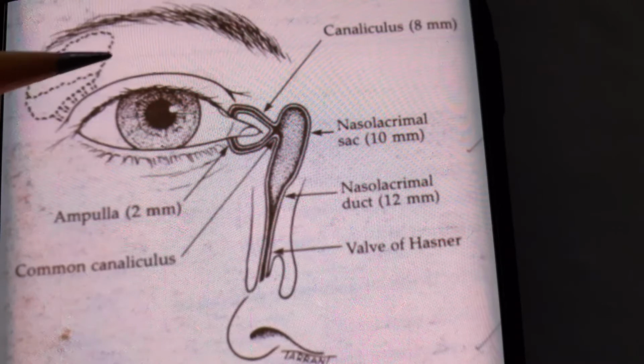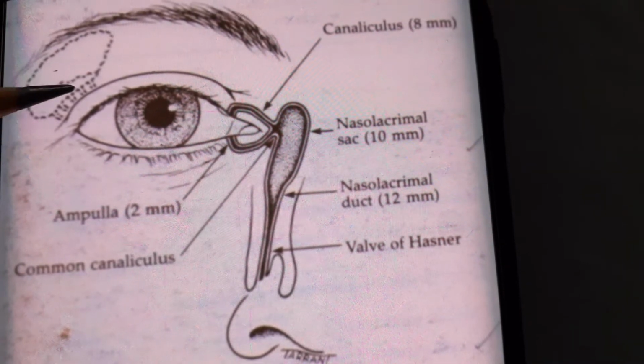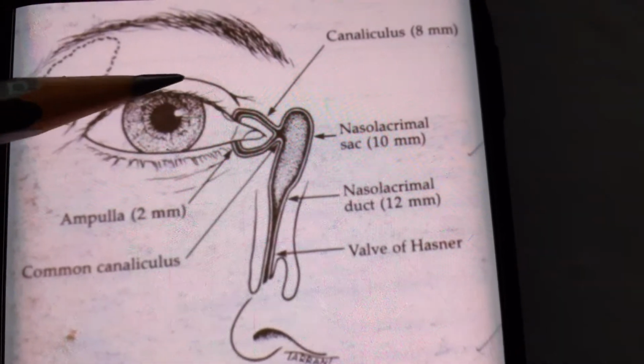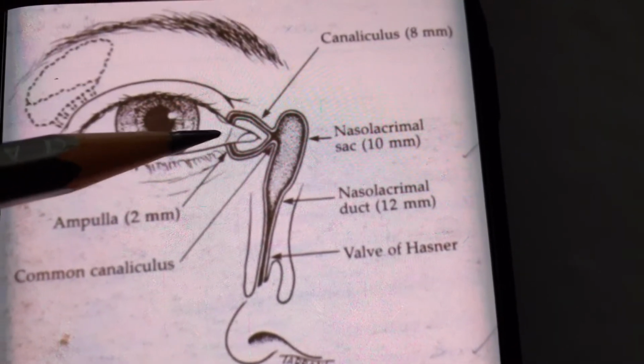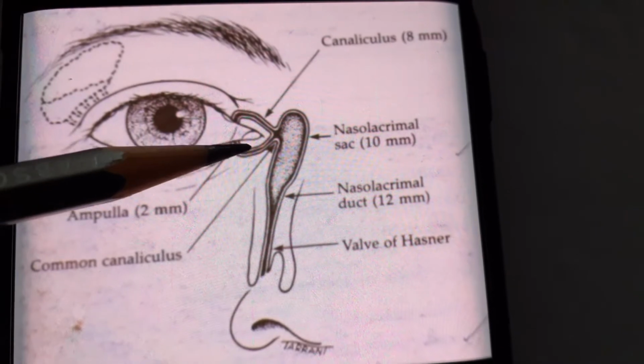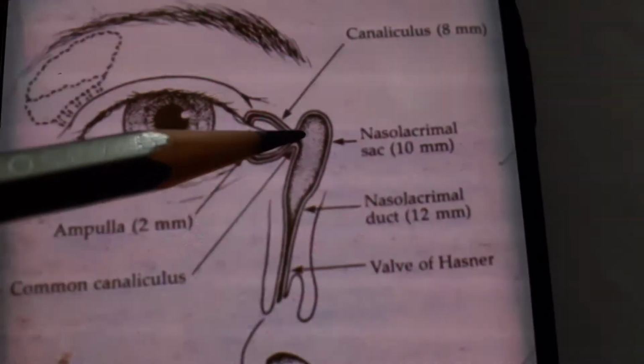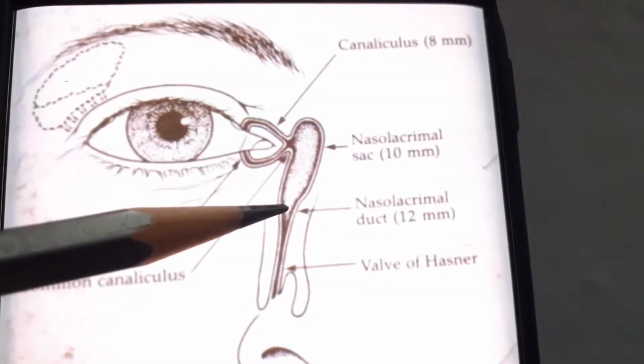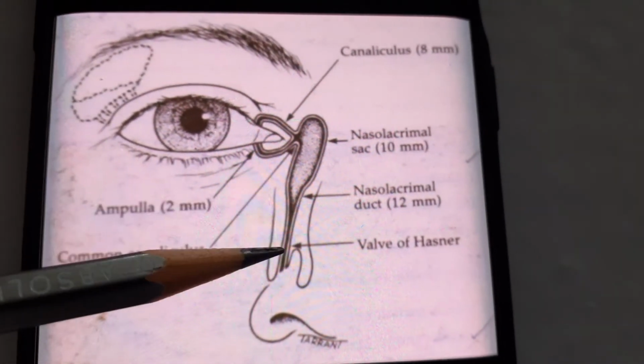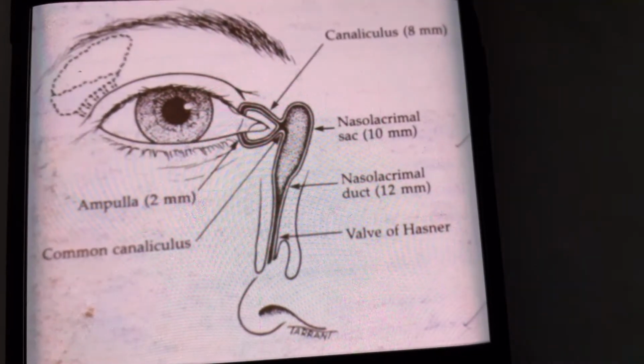So from the lacrimal gland and its duct, the fluid goes to the conjunctival sac, then to the puncta, then the lacrimal canaliculi. Both the lacrimal canaliculi open into the lacrimal sac, then ultimately it is drained by the nasolacrimal duct. Next.